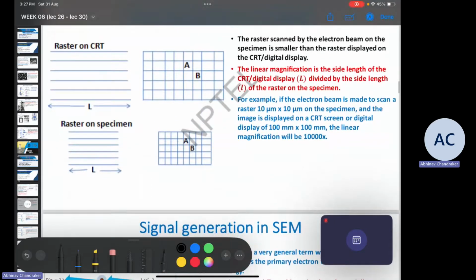The way magnification is achieved in SEM is different from how it is conventionally done in TEM and optical microscopy. Here the magnification does not occur by changing the lens strengths, that is by changing the focus.